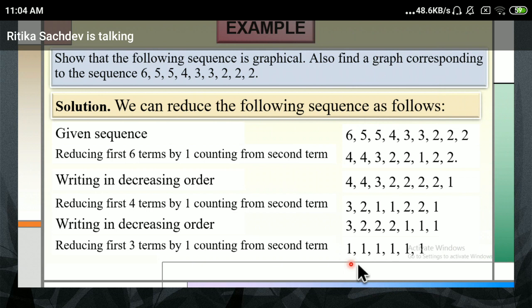Now, if I can draw a graph with this, I should stop here. If I do not know a graph of this sequence, then I should proceed one step further. I should always stop where I can decide whether I can draw a graph or not.